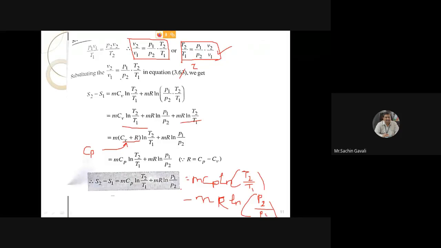So this is another combination: mCp ln of T2 upon T1 minus mR ln of P2 upon P1. With the help of this equation, one can calculate entropy again. This is another form of the first equation, and we can call it equation number Roman II.